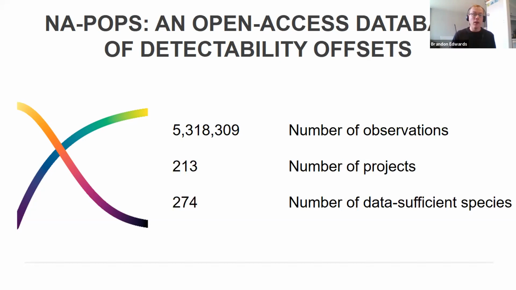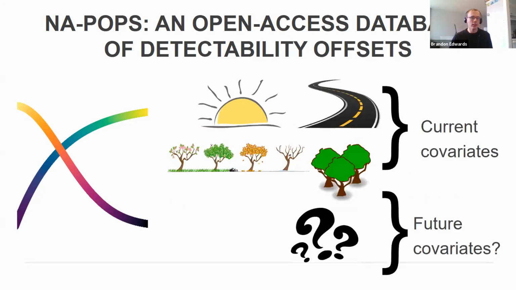And just quickly by the numbers, NA POPS is currently generating offsets by considering over 5 million observations across 213 different projects, which have been able to so far provide sufficient data for over 250 North American species, which is pretty great so far. So next slide.